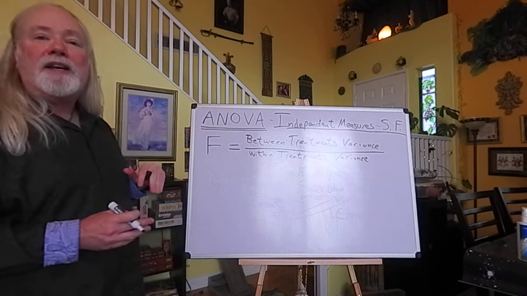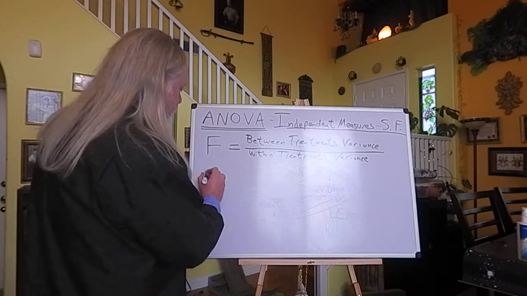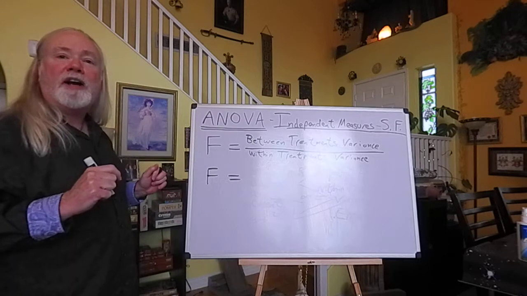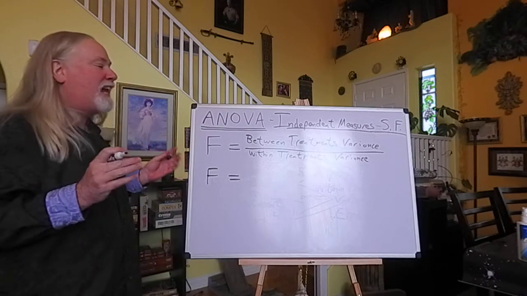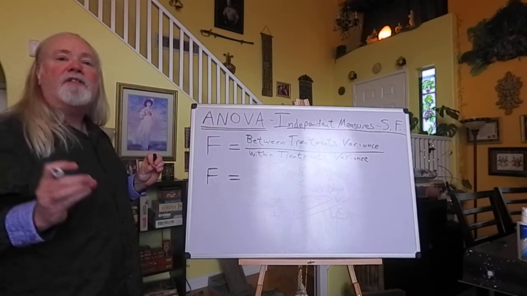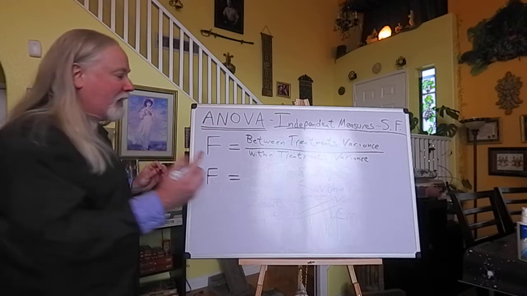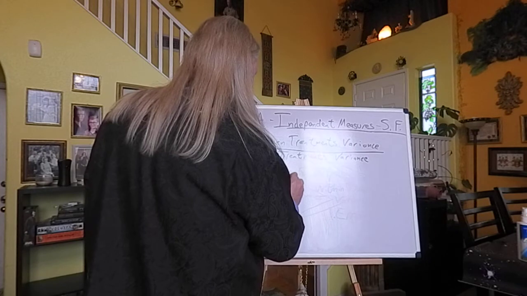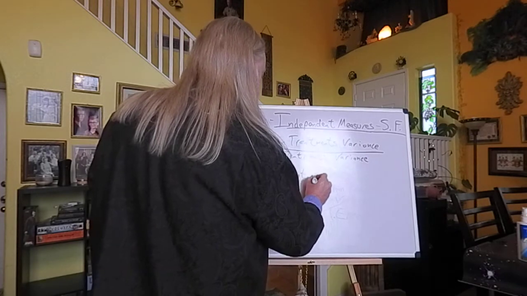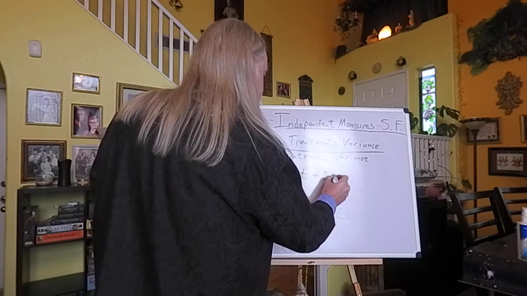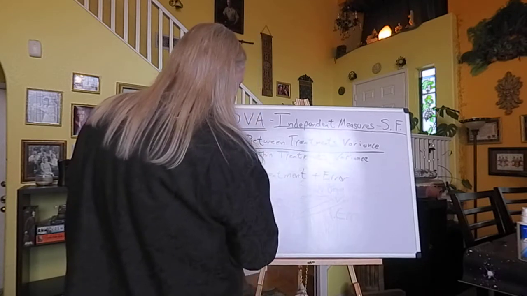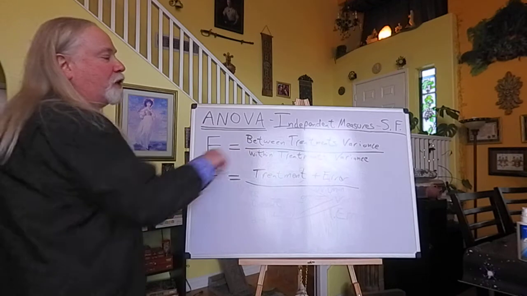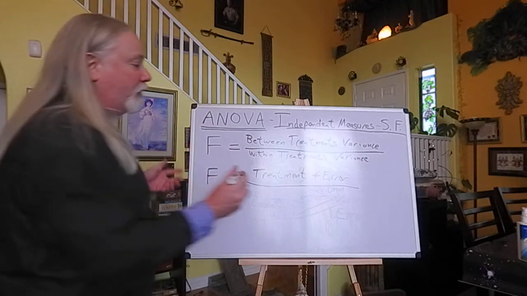Let me write this again, but in a slightly different way. Between treatments variance. We just said a moment ago that what that is comprised of is treatment effect and error. And we said within treatment variance is all error.